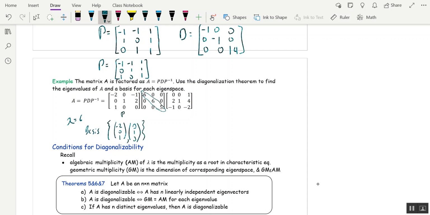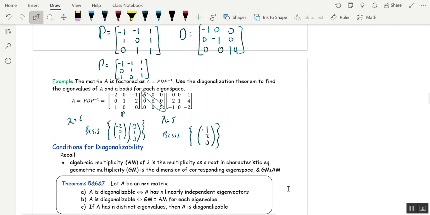And lambda equals 5 is the other eigenvalue, and the eigenspace has basis, this third column, -1, 2, 0.